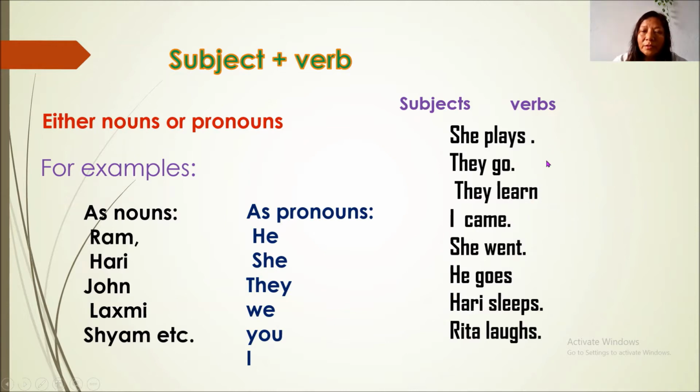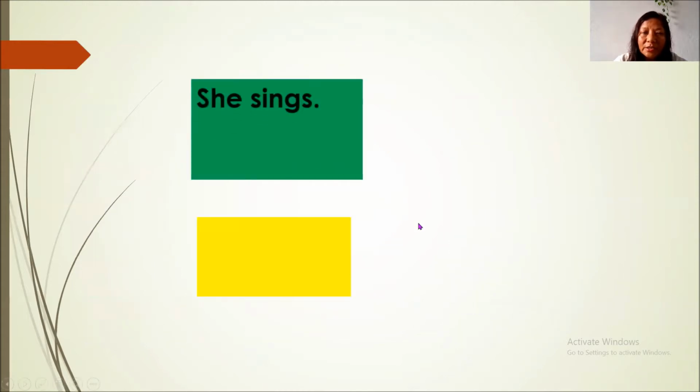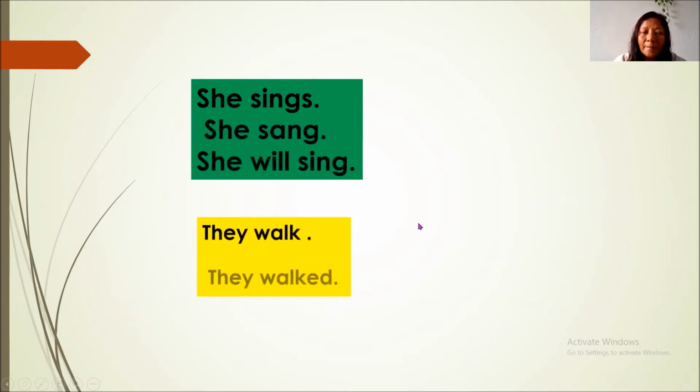Verbs can be used as singular or plural according to the subjects, and verbs can be used in different tenses. For example, she sings, present tense, she sang, past tense, and she will sing, future. They walk, they walked, and they will walk.